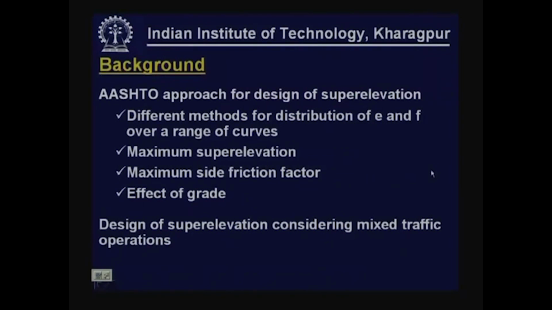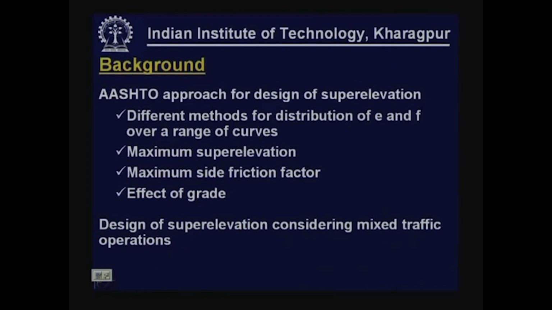In the last lesson we discussed the AASHTO approach for design of super elevation. In particular, we talked about different methods for distribution of e and f over a range of curves.